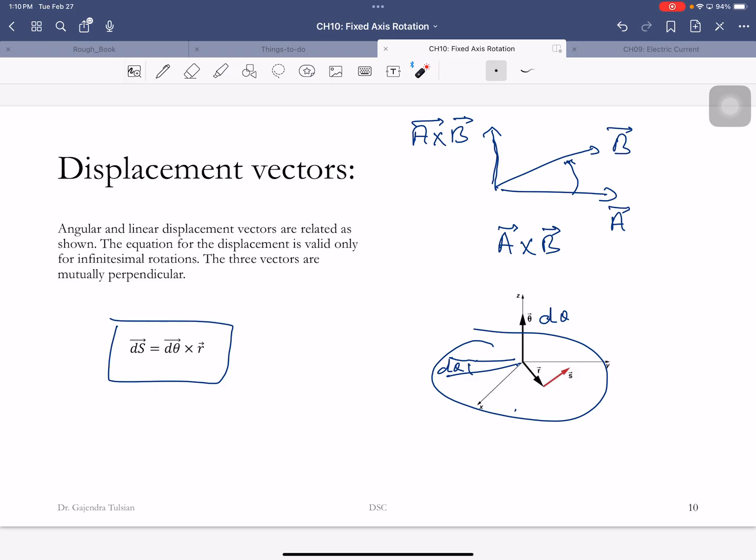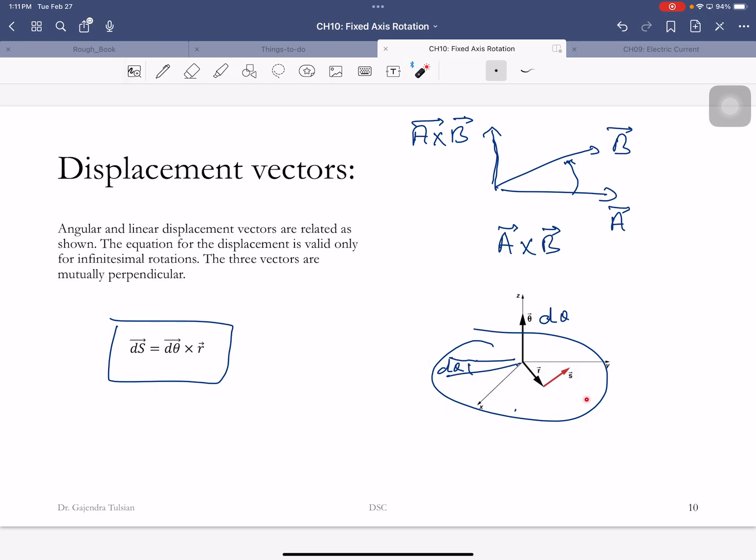So again, for a small rotation, how much did this move? You understand, the further out you are, the greater the distance you move. This point moved only a small distance. This point moved a larger distance. These diagrams from the book are not very good, but anyway, that's what that is.